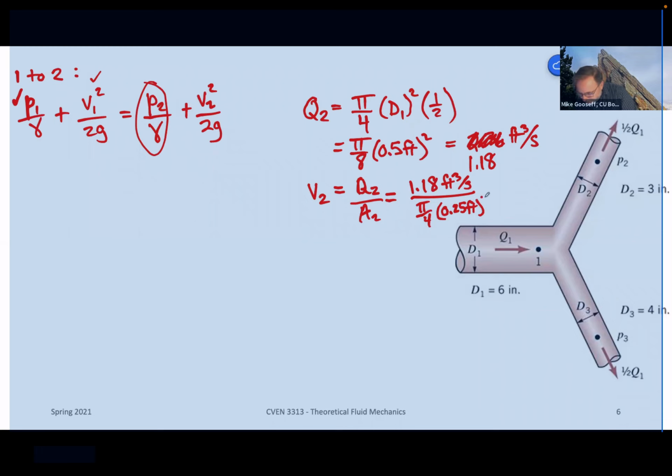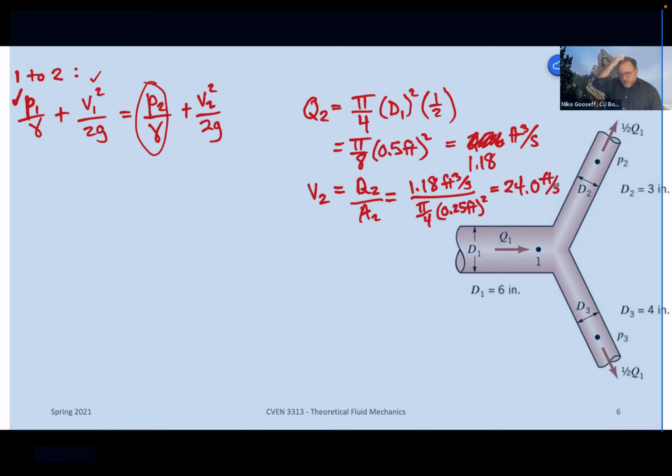That's diameter squared. And I actually don't have this calculated, so let me calculate it real quick. So we have 1.18 times 4 divided by 3.14 divided by 0.25 divided by 0.25. So I get 24.0 more or less, but I'm going to call it 24.0 feet per second for V2.